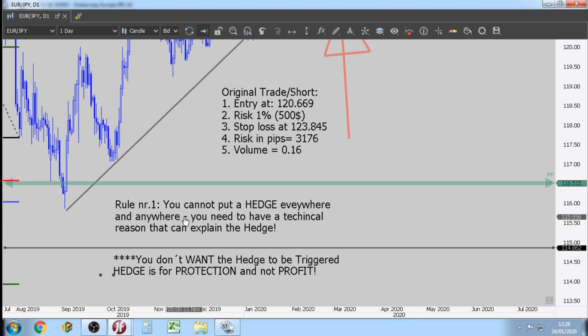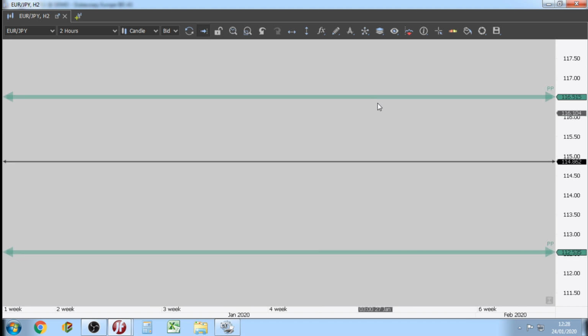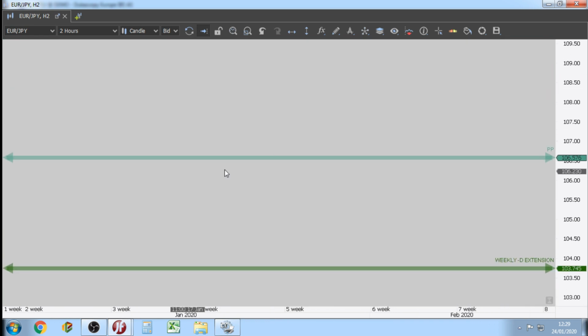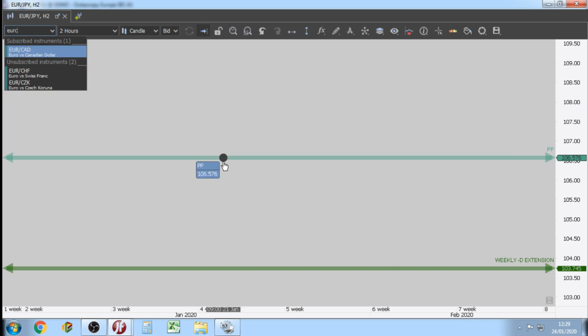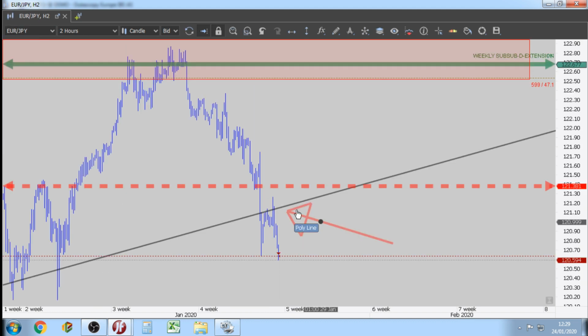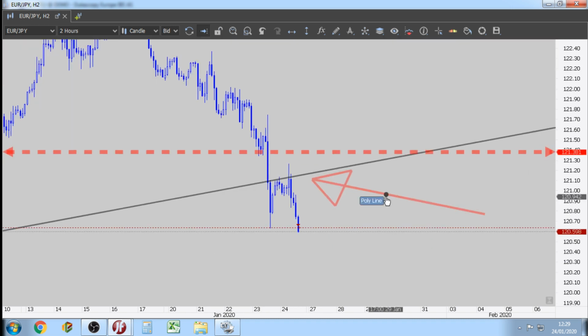So rule number one, you cannot put a hedge everywhere and anywhere. You need to have a technical reason that can explain the hedge, and you don't want the hedge to be triggered. So if I go on the 2-hour chart and blindly put a hedge on the most recent high, and I think that I'm intelligent, this is what traders do.